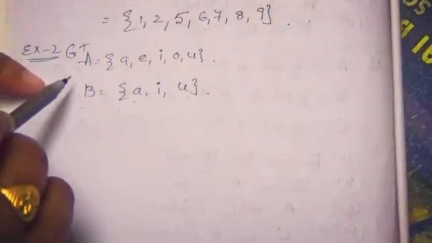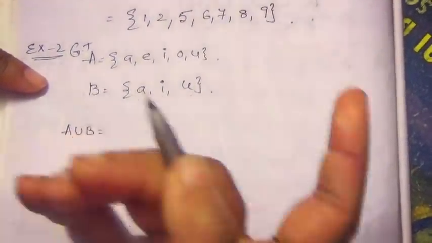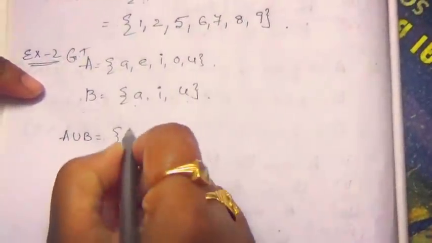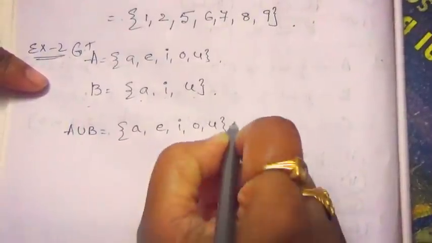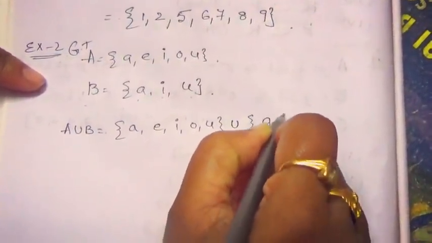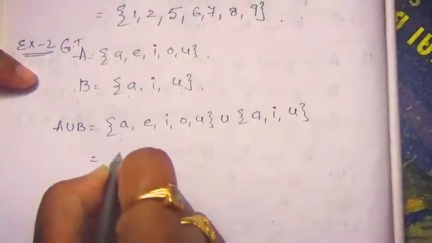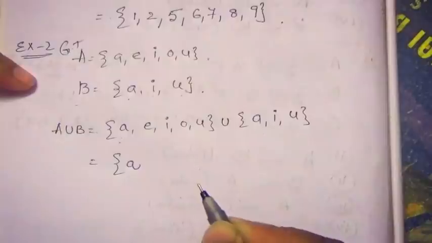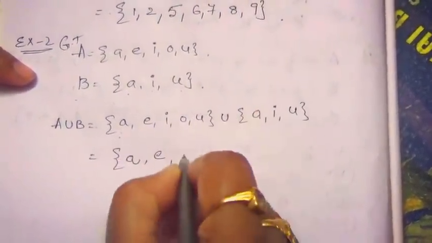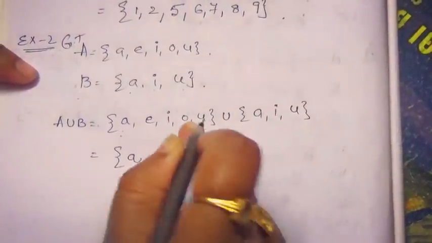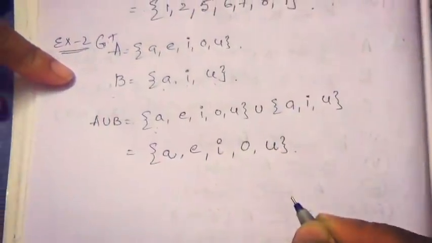When you find out this A union B, what is the answer we will get? Let's look here. So {a, e, i, o, u} union {a, i, u}. Here a is repeated in both the sets, only once I am writing here. So e. So i is repeated again, only once. o. u is repeated, so only once you have to write. Right?